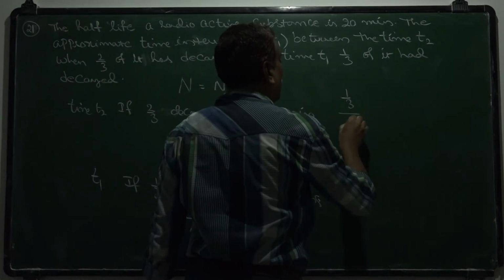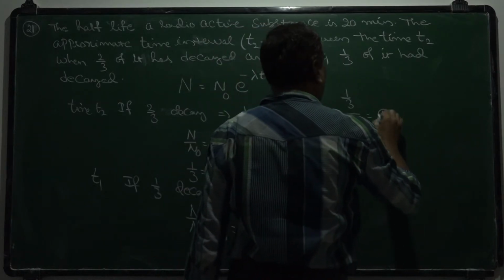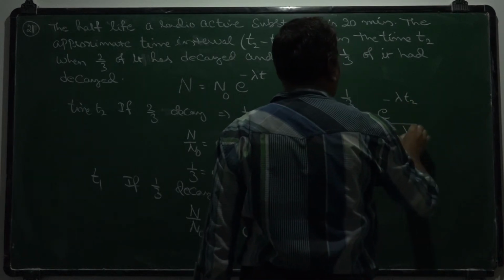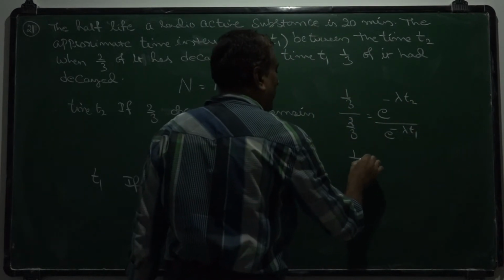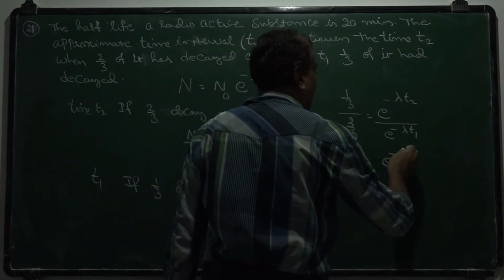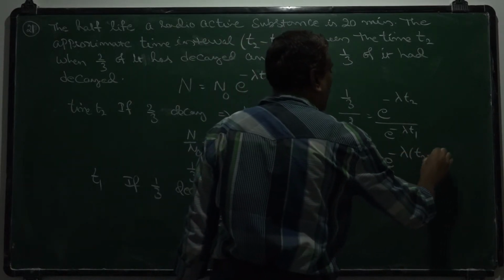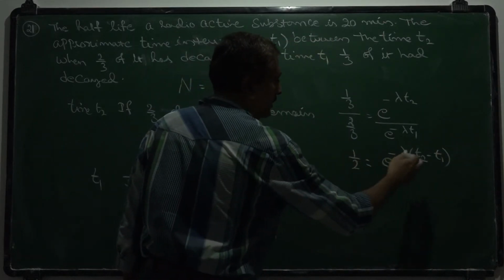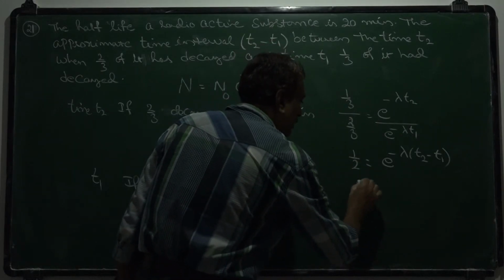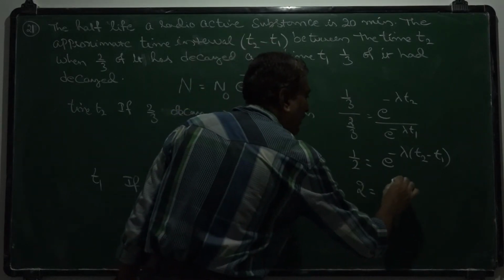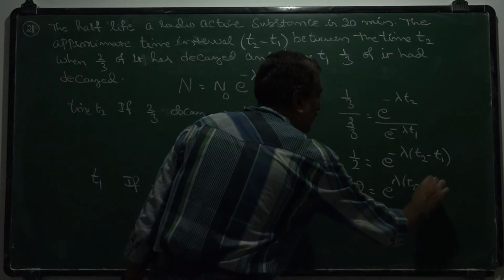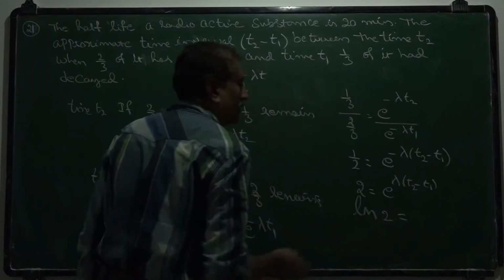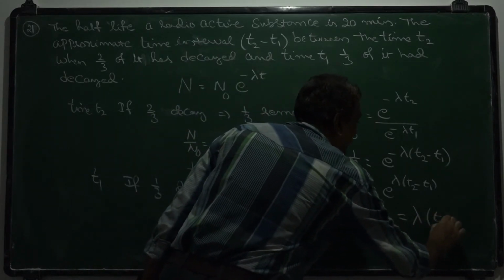1 by 3 by 2 by 3 is equal to e power minus lambda T2 by e power minus lambda T1, and this is 1 by 2 is equal to e power minus lambda into T2 minus T1. Now I can write this as 2 is equal to e power lambda into T2 minus T1. So taking logarithm, ln 2 is equal to lambda into T2 minus T1.